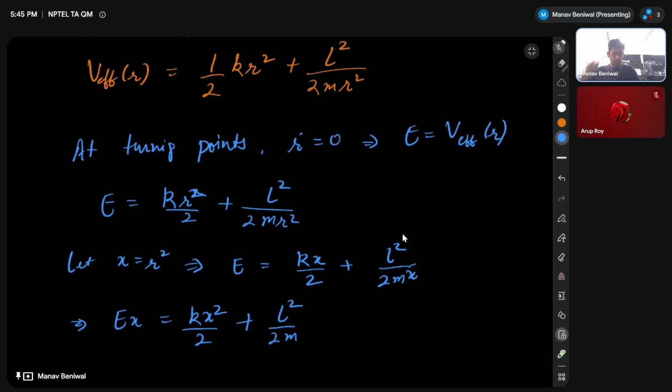So we get a quadratic equation. Now let's also multiply by m, and if we also multiply by 2, this 2 vanishes.